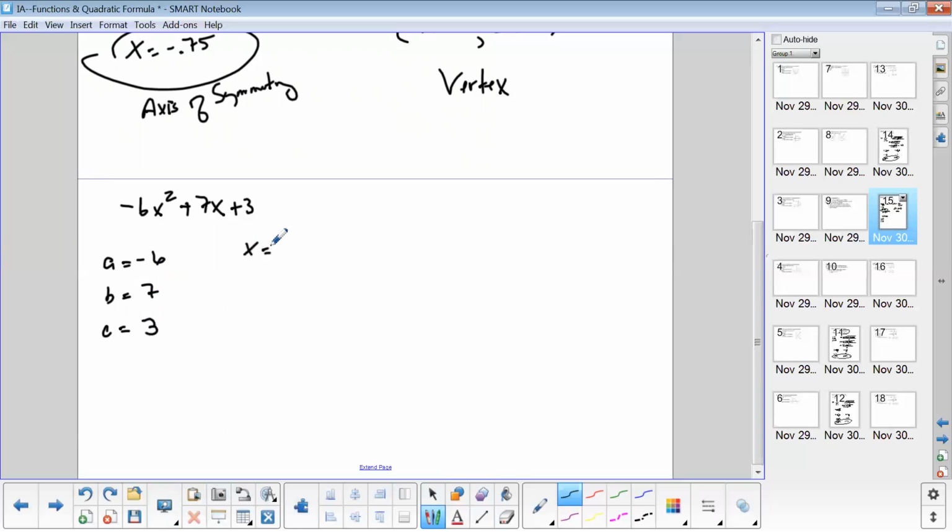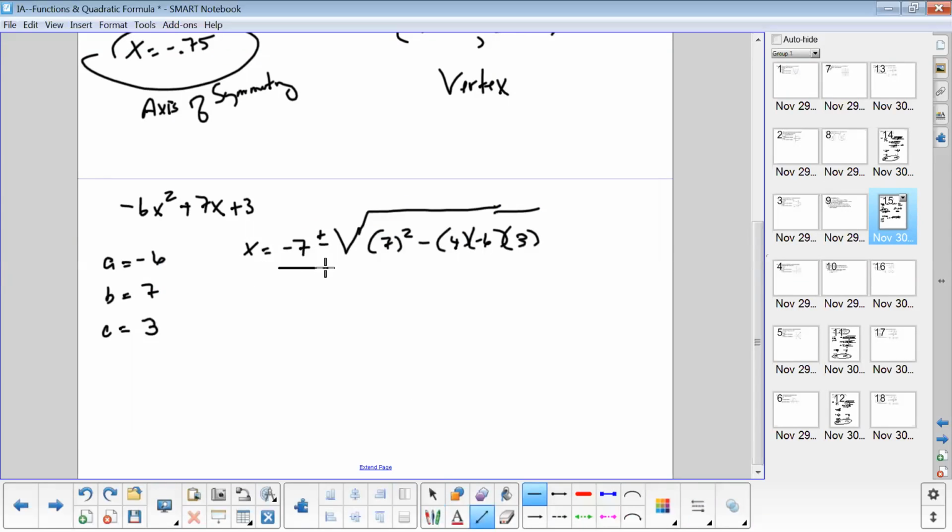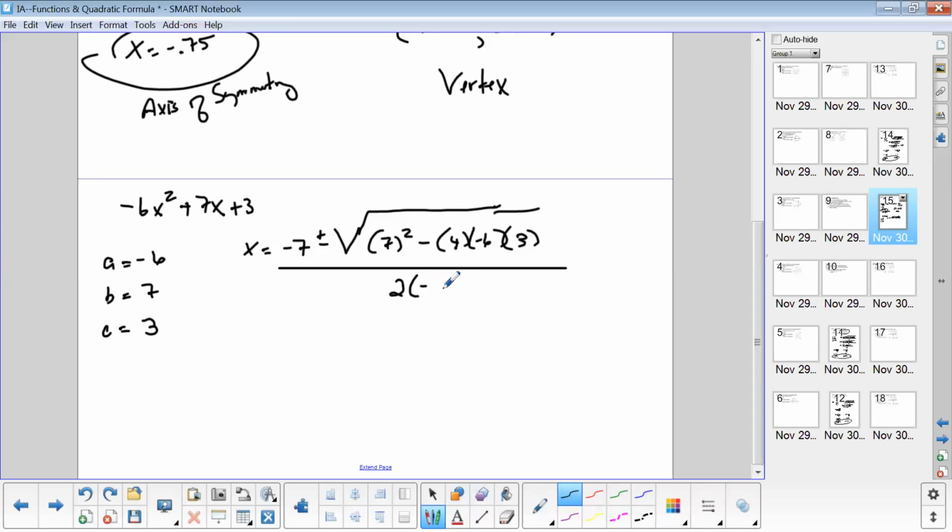So x equal negative 7 plus or minus the square root of b squared, which would be 7 squared minus 4 times A times C. And we know this is going to open down because the A value is negative. And so we'll divide by 2 times A, so it'll be 2 times negative 6.